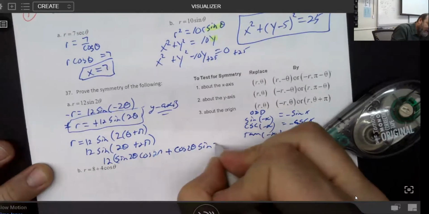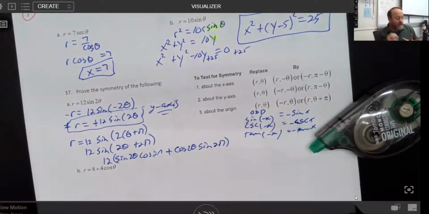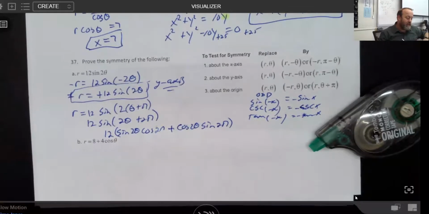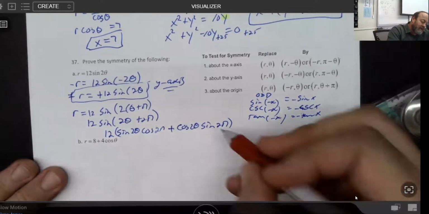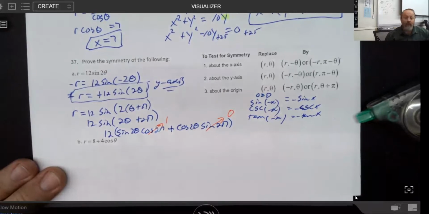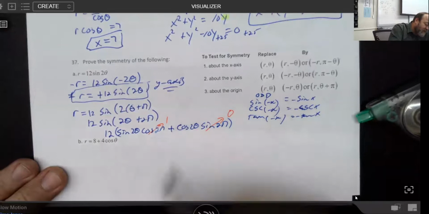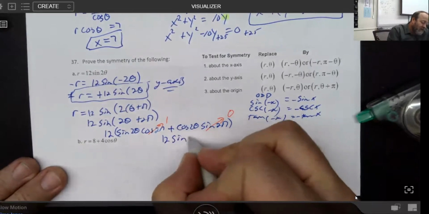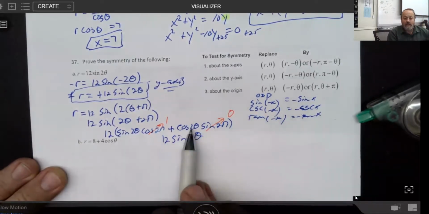Now, that looks like I did a whole lot of work, but there's something really, really nice that happens right here, because I happen to know that the sine of 2 pi off of the unit circle is 0. And I also happen to know that the cosine of 2 pi off of the unit circle is the number 1. Well, if you put that together, 12 times the sine times 1 is just 12 sines. And then 12 times the cosine times 0 is 0.